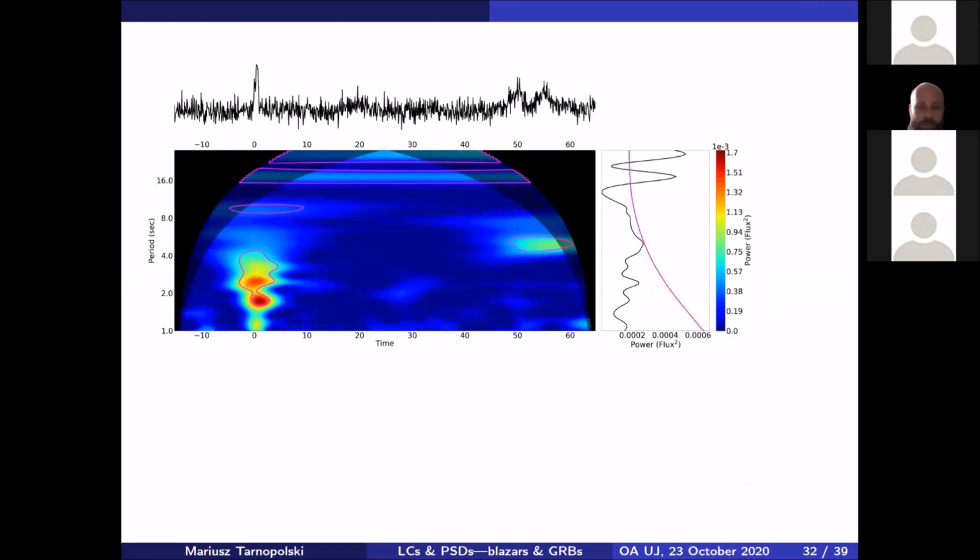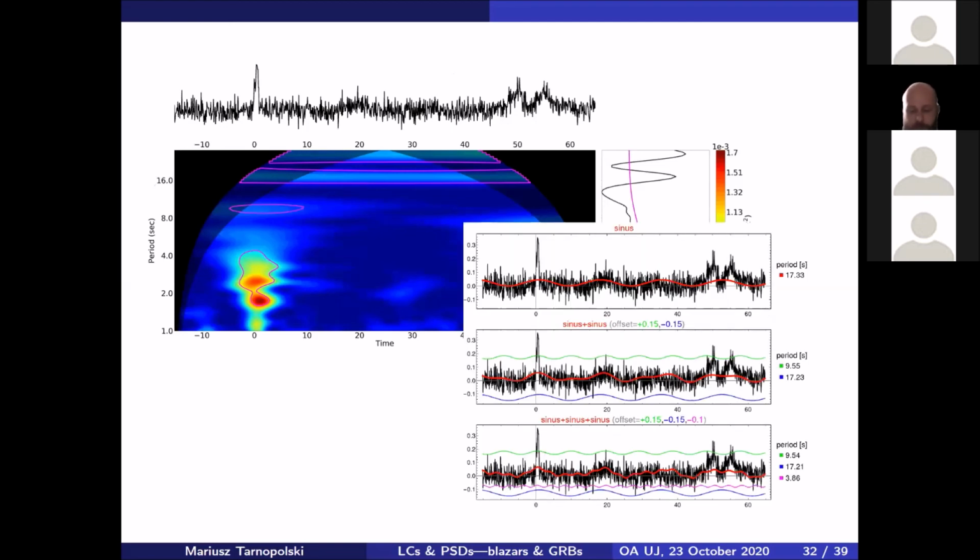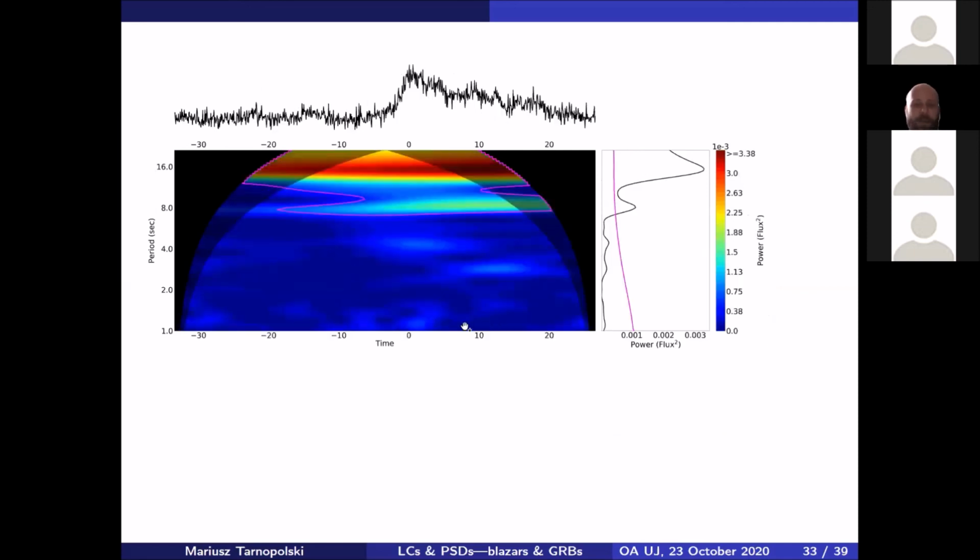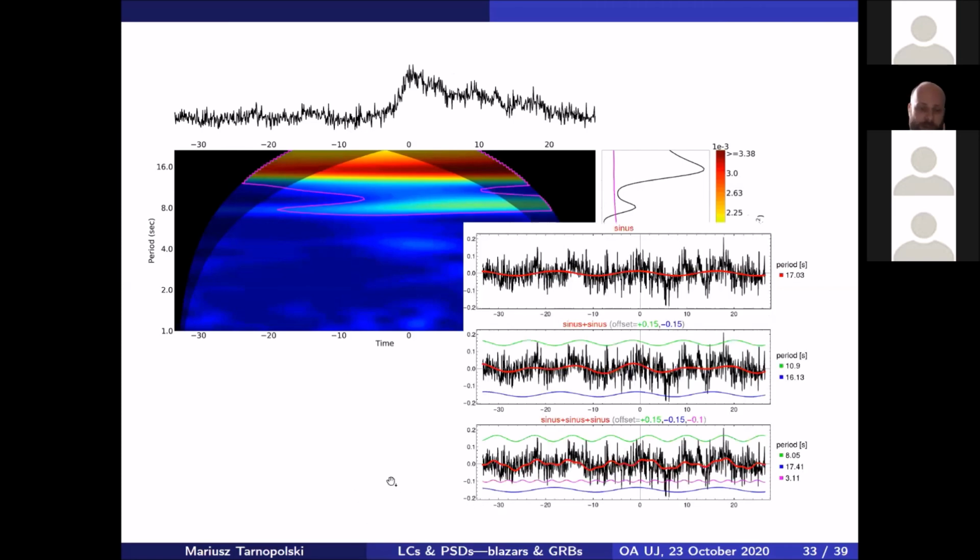Here is a similar feature with a 17-second QPO, in this case neatly visible as an approximation of a sine. And another example with basically two main modes, again on top of a pulse that was, for the sake of this illustration, removed.